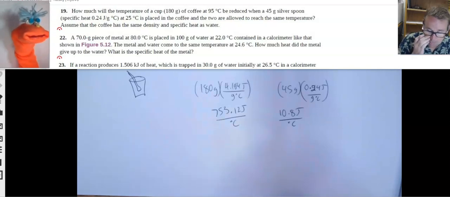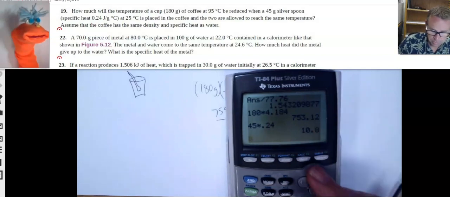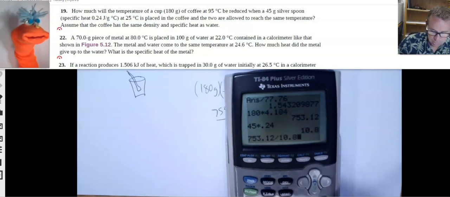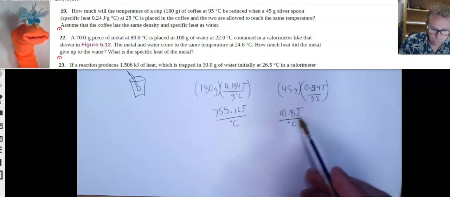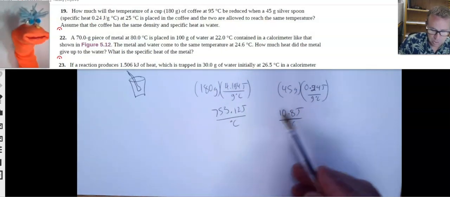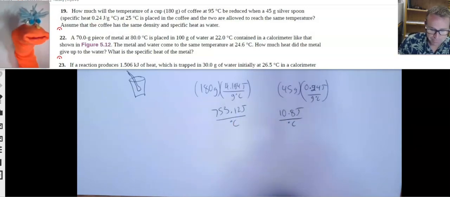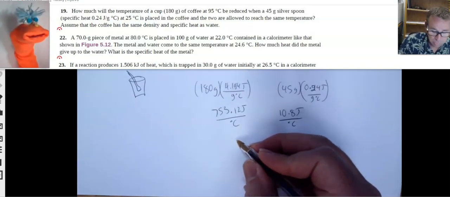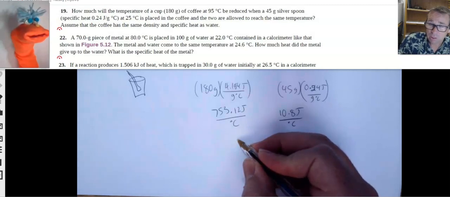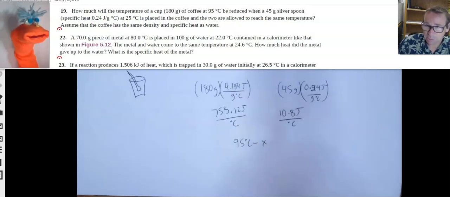So we can take the ratio there and say this divided by this, and see that it's going to gain 70 times more energy in the spoon for every degree Celsius that changes. Alright, so you can then look at the initial temperature of the coffee, 95 degrees Celsius. And it's going to go down some amount.